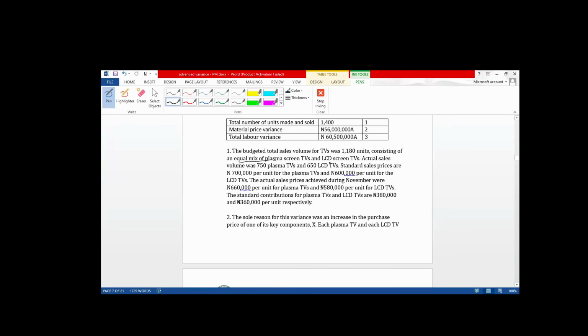Equal mix means we are going to share this 1,180 equally. Plasma will take 50%, and LCD 50%. That was the company's budget.